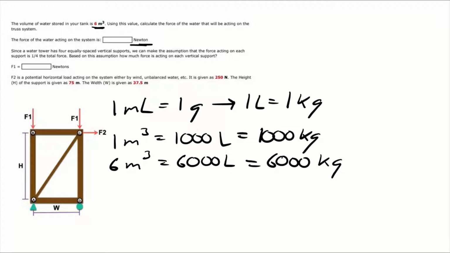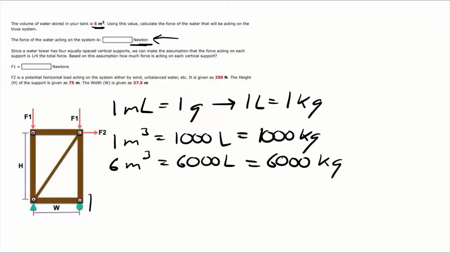But we're asked to find the force in newtons and not kilograms, so we need to convert from kilograms to newtons, which we can do pretty easily. To convert from kilograms to newtons, we're going to use the gravitational constant on Earth, which is 9.807 meters per second squared.